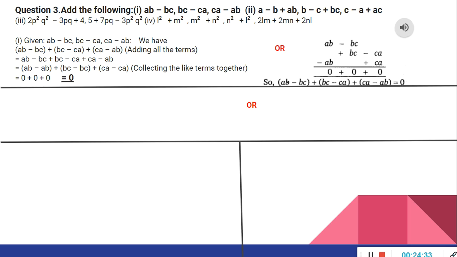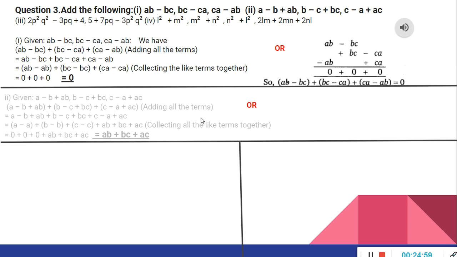And CA, under it only CA. Then after that you can add. Otherwise horizontally you arrange all the like terms together. So here AB, then next minus AB is there. Then minus BC, then plus BC. Then minus CA plus CA. So here all will cancel out. So the answer will be 0.